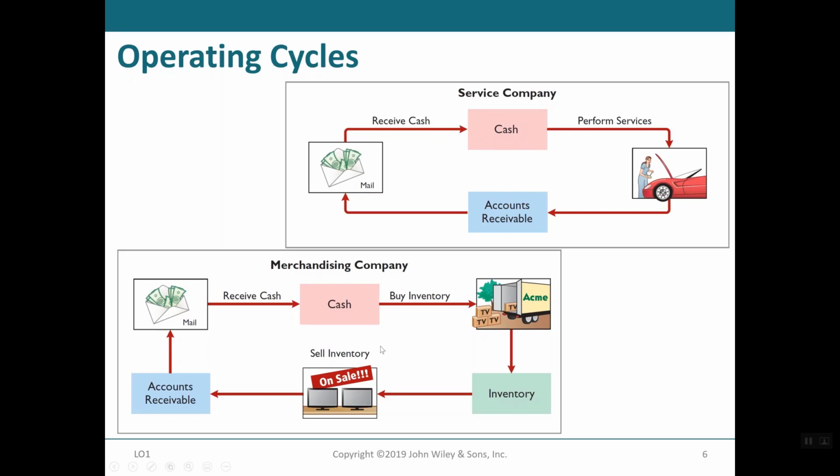Whereas for a merchandising company, it also involves the use of inventory. Okay, so you buy your inventory, you sell your inventory to your customers, accounts receivable maybe because they didn't pay you right, and then you receive your money, and then we go back to buying inventory. So that's pretty much the cycle. It's just different from the service company in terms of the inventory that is added.